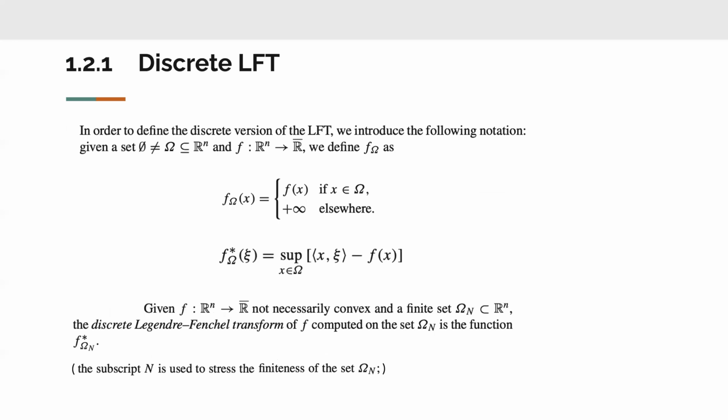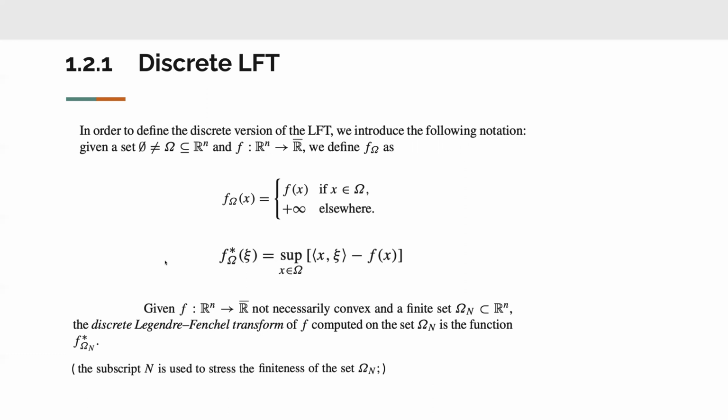So what we are interested in is the discrete LFT. In order to define the discrete LFT, we are going to bring in this set omega, which is a subset of R^n, and we can define the function on set omega as this, where the function is f of x when x is an element of omega, and infinity elsewhere. If we apply the LFT to this particular function, this is what we get.